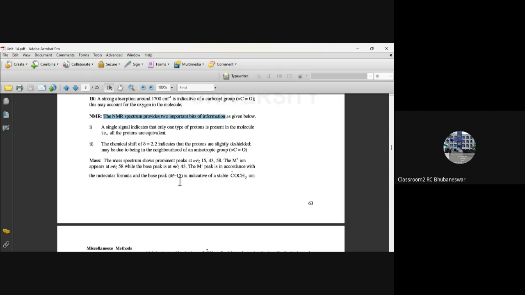A single signal indicates that only one type of proton is present in the molecule, and all protons are equivalent, because there is no splitting by nearby protons.